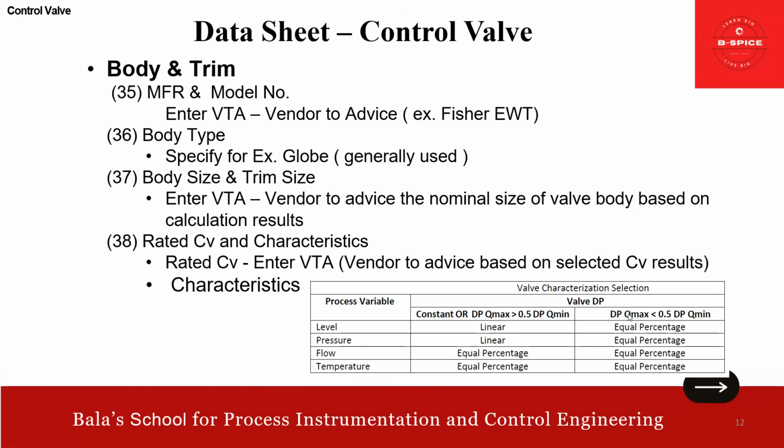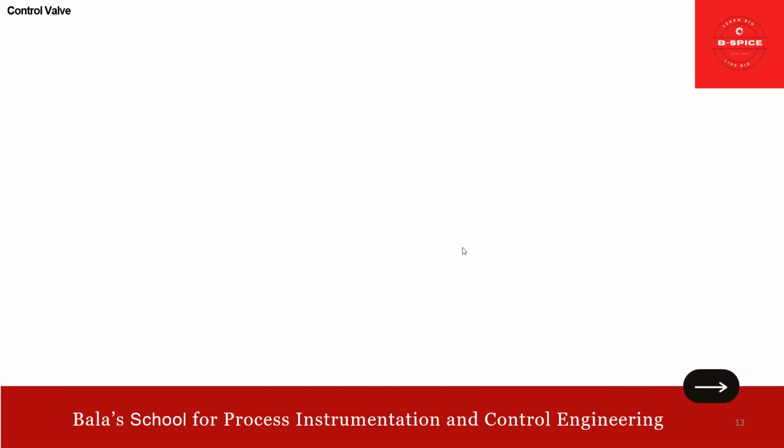Otherwise, if the pressure drop at Q max is less than 0.5, meaning 50% of dP at Q minimum, where Q minimum is minimum flow, then you follow equal percentage. I hope this is also clear. Anything, you can always write back to me. I'm willing to help you out. Thank you, friends.